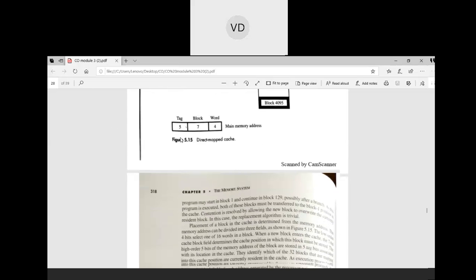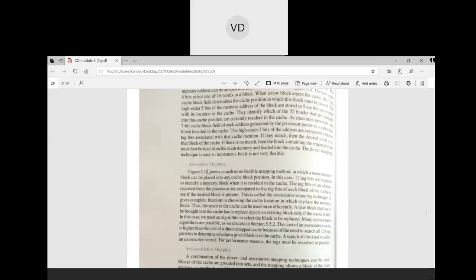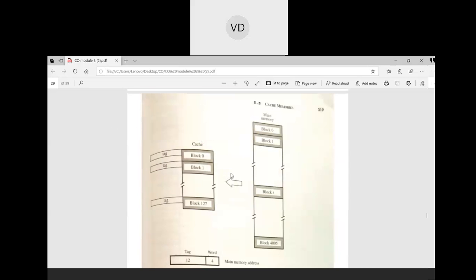To avoid this, next we are going for the associative mapping. What is this associative mapping? Any block of the main memory can be mapped anywhere in the cache memory. So block number 0 can be mapped in block number 127 of the cache memory.